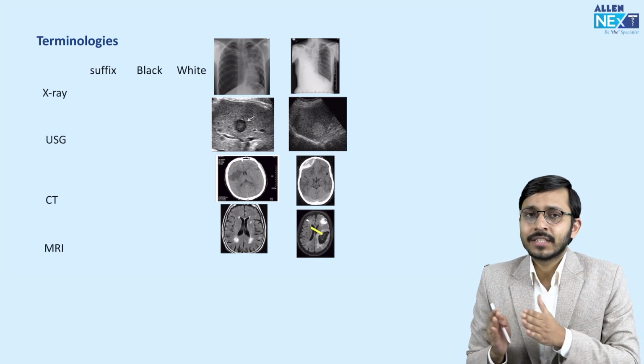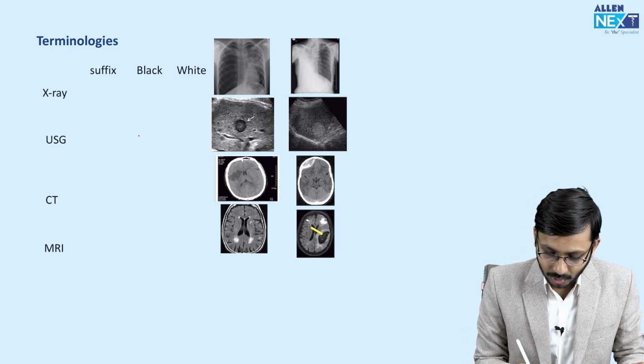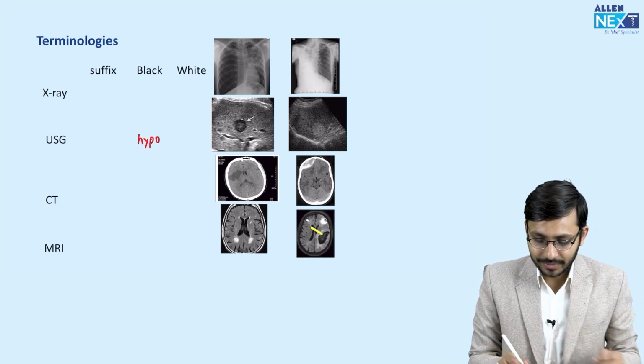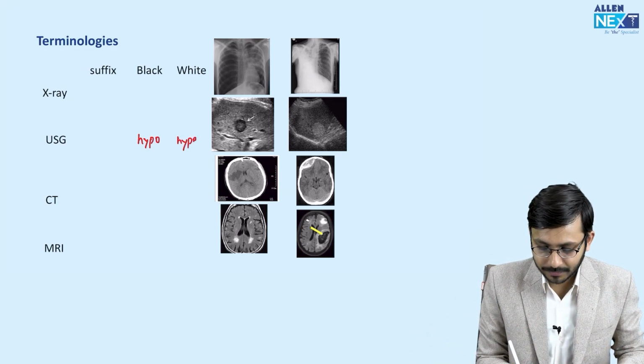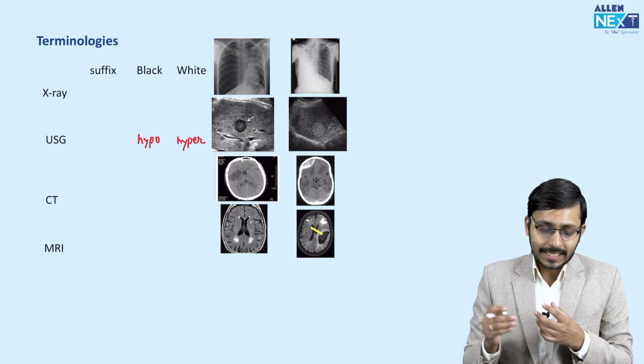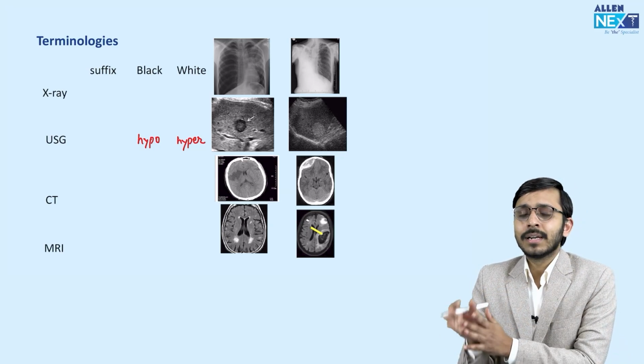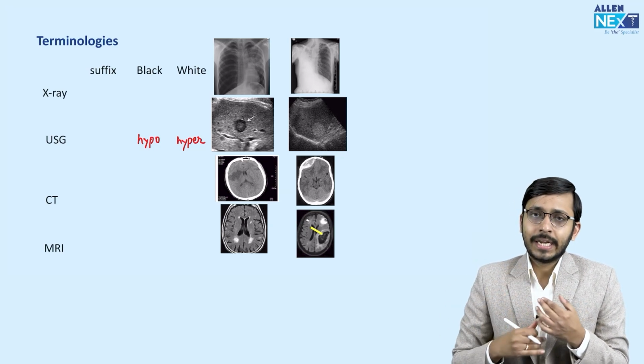Anything which is black, we call it hypo. And anything which is white, we call it hyper.